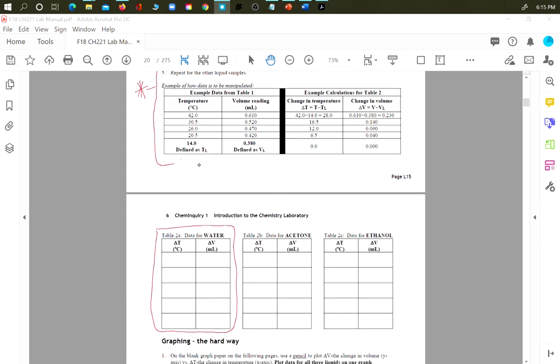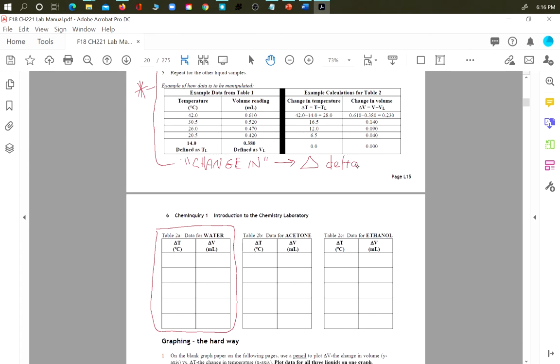So if you remember back, hopefully, that you've learned that the abbreviation for change in a variable, change in something, is abbreviated by this triangle, which is called delta. So that's the Greek symbol delta.